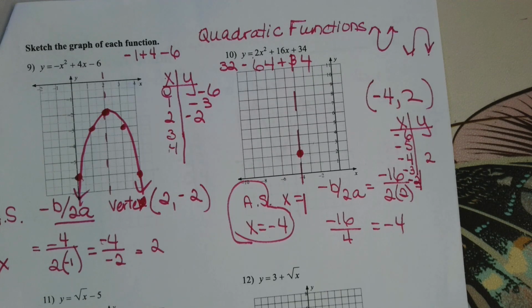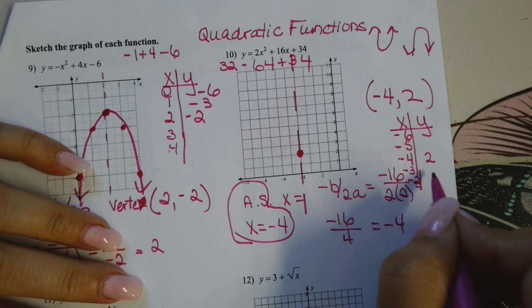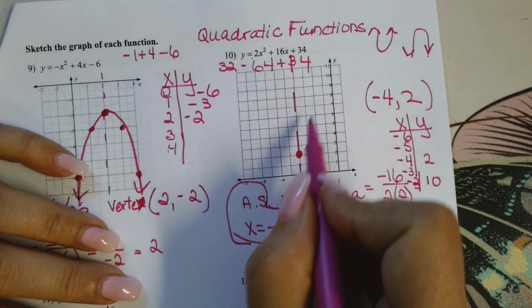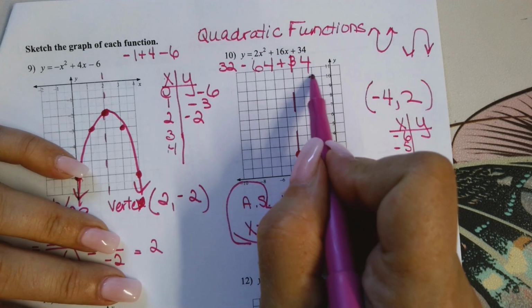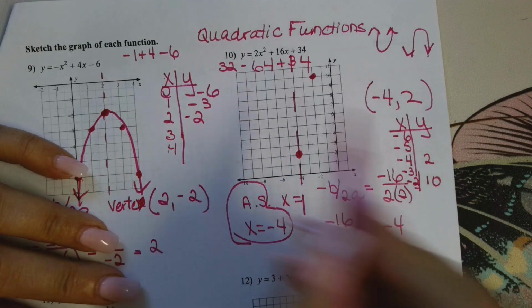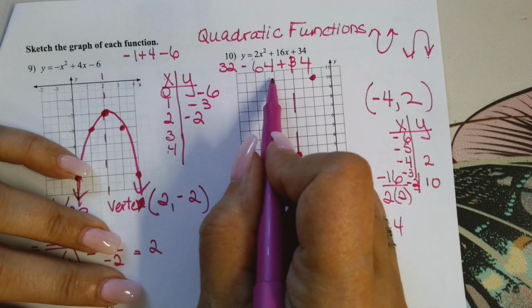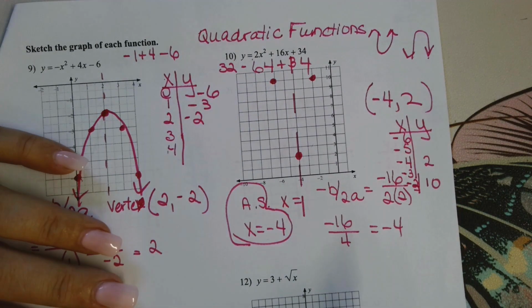So -2 squared is 4. 4 times 2 is 8. 8 minus 16 times -2, that's 32, plus 34, that should give me 10. So -2 should be 10. All right, that means -6 should also be 10.